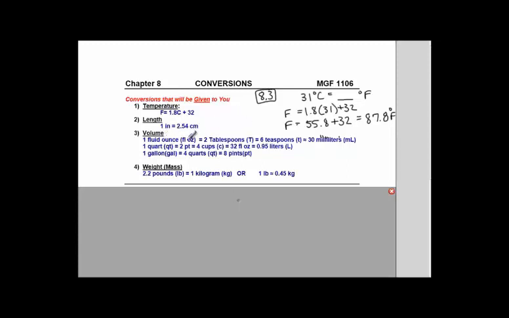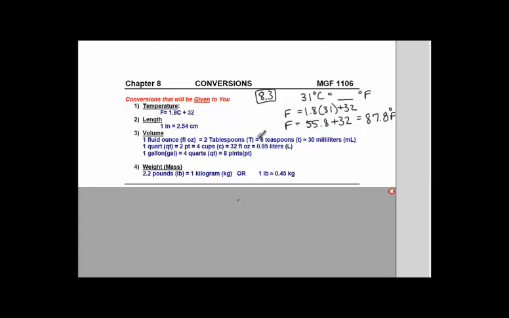And then you'll be given, it'll look just like this. 1 fluid ounce is equal to 2 tablespoons, which is 6 teaspoons, which is 30 milliliters. 1 quart is equal to 2 pints, which is equal to 4 cups, which is 32 fluid ounces, or 0.95 liters.